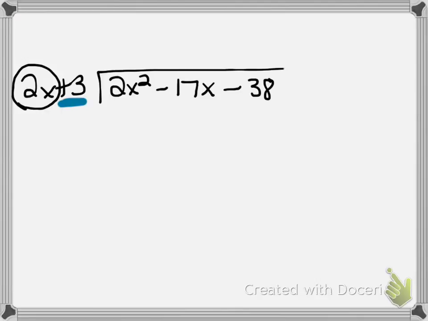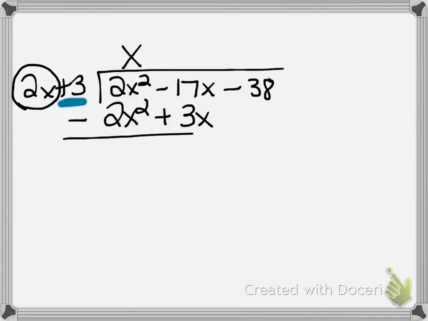And I want to know what times 2x gives me 2x squared, okay? So, x times 2x gives me 2x squared. So I'm going to put an x here. X times 2x is 2x squared. And then I do now have to worry about this. I have to do x times 3, and I get 3x.